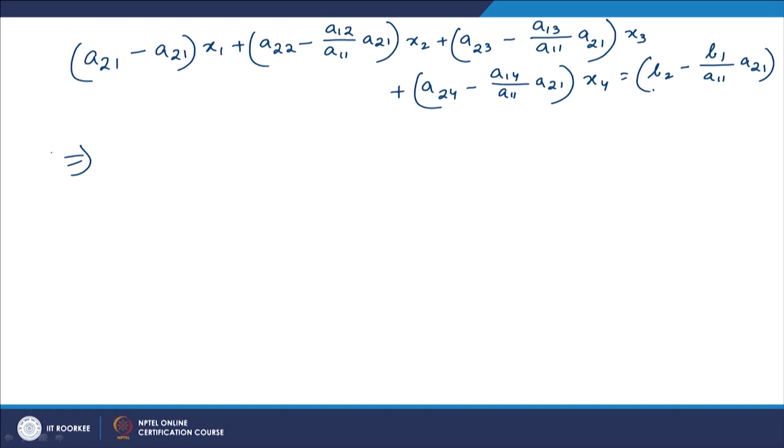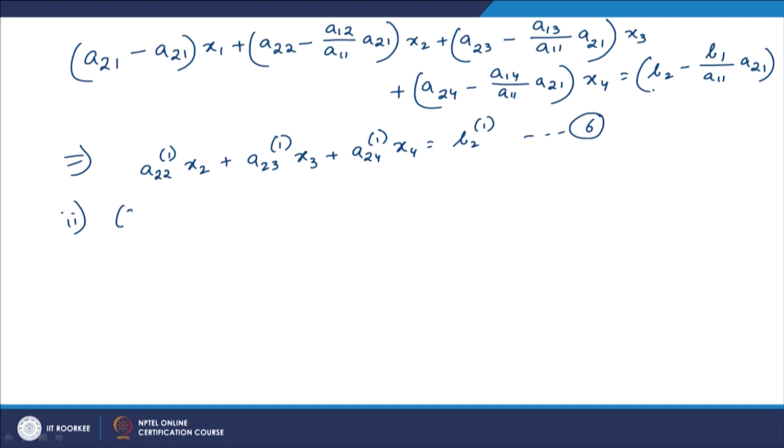So, x1 is gone. Let us say this is A22 with bracket 1, the first modified value, times x2, plus A23 with bracket 1 times x3, plus A24 with bracket 1 times x4, equal to the first modified value of B2. This is equation 6.